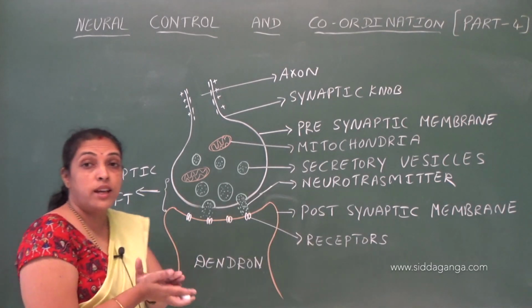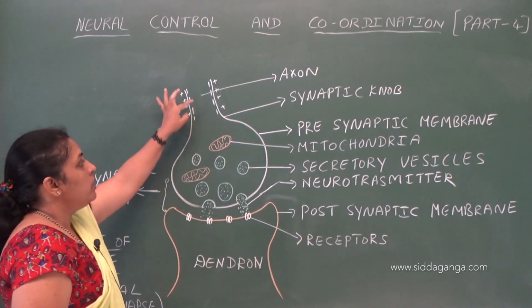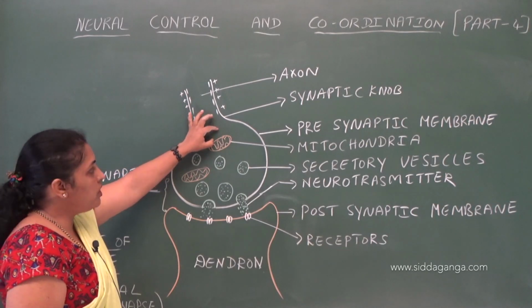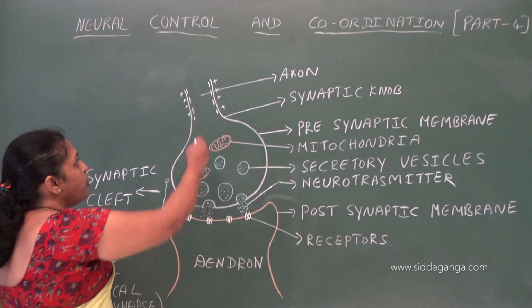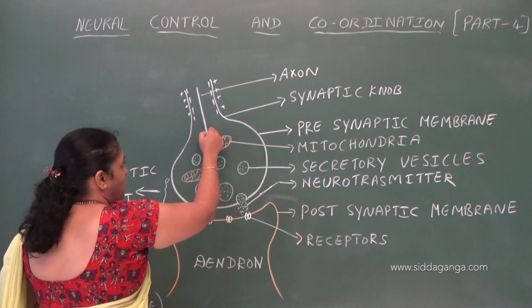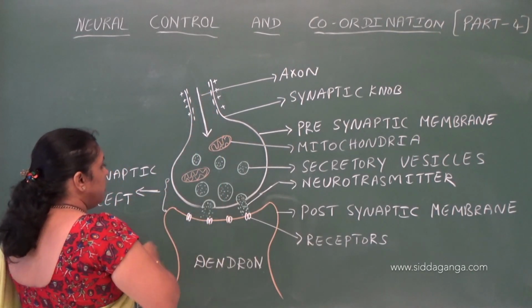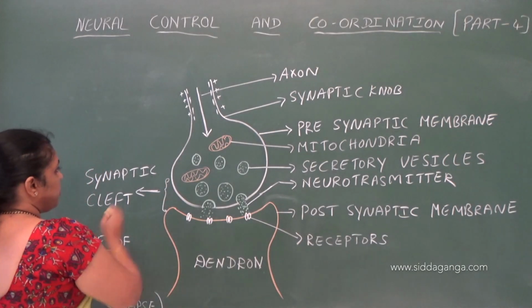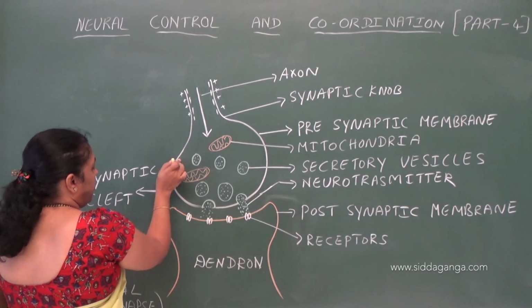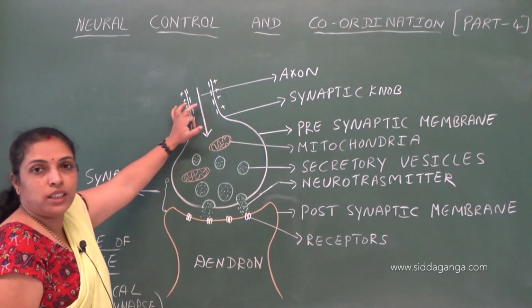So this is the structure of synapse. This is the axon terminal, which is ending with the synaptic node, and action potential will be carried. This is action potential. We see calcium channels also. So this is axon.